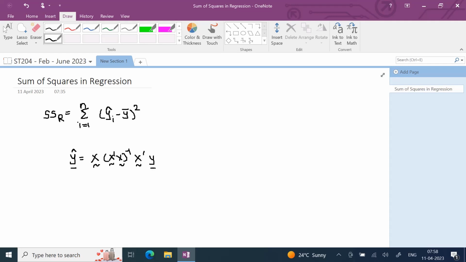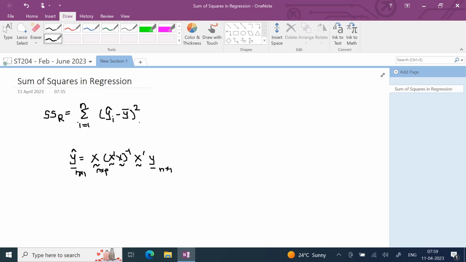My X is an n cross p matrix, my y is an n cross 1 vector, so this is n cross p, p cross n, so overall n cross n, and then n cross n times n cross 1 gives me an n cross 1 vector y hat. So this is a vector notation for y hat.